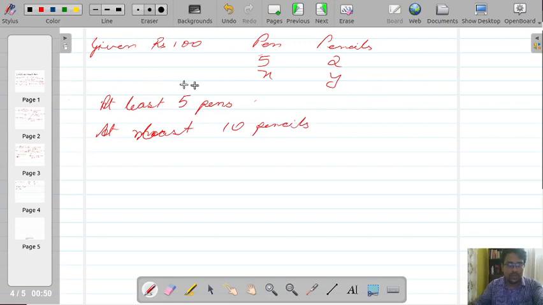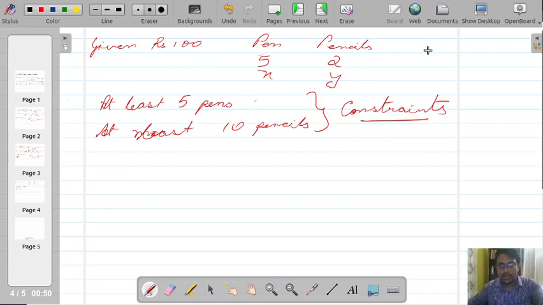In the language of LPP, these will be called constraints. In the earlier case there were no constraints, right? You are free to buy any number of pens and pencils. Of course, one constraint is automatically brought by this restriction: 5x plus 2y, that is the total cost.